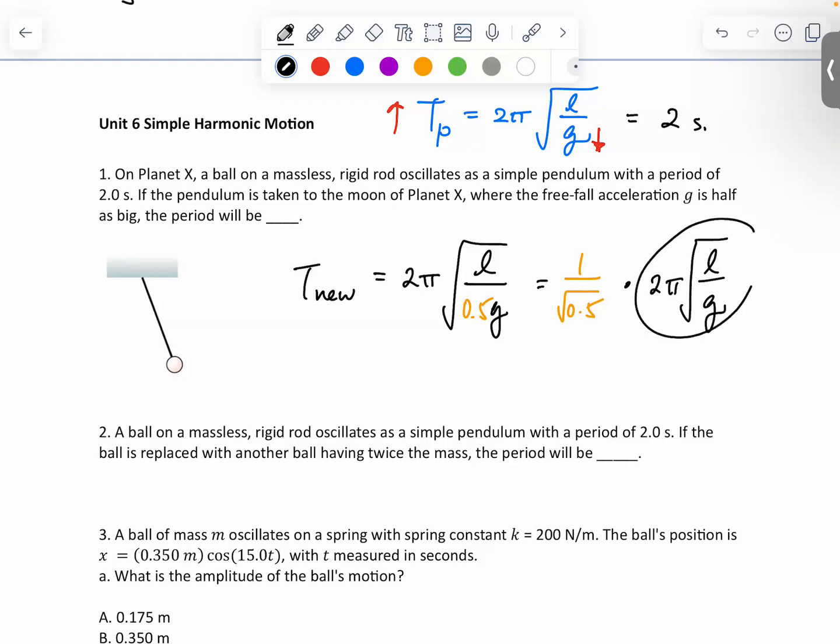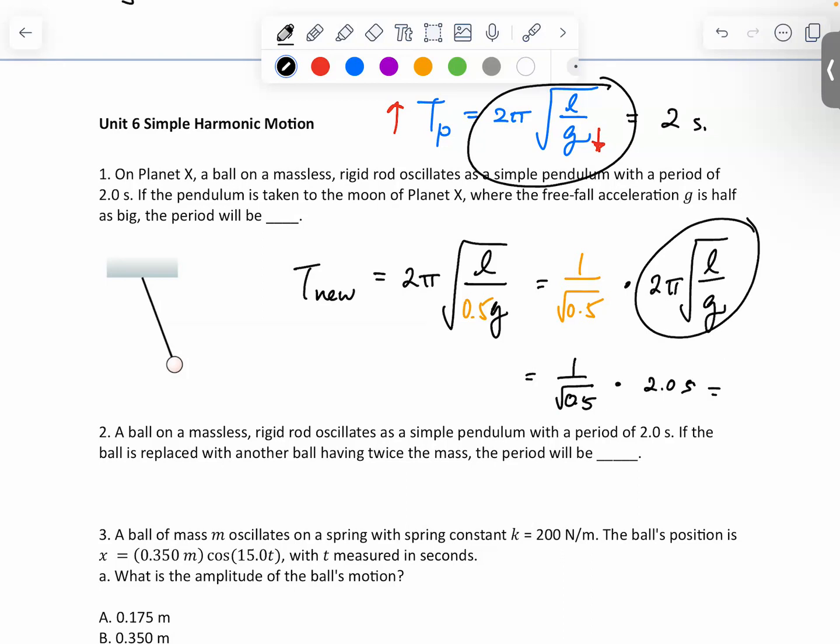And then, that was the same thing as what we had earlier, right? Which is 2 seconds. So that means we have 2 seconds multiplied by 1 over the square root of 0.5, which would likely be a number bigger than 2 because you are dividing by a decimal number.